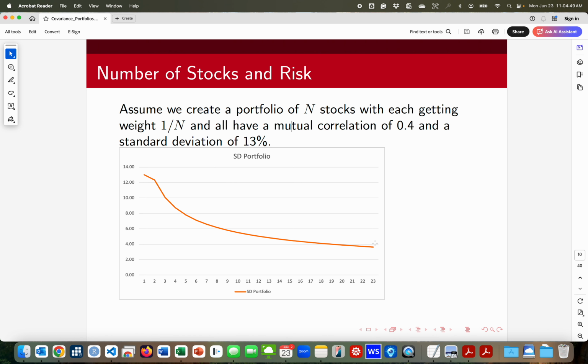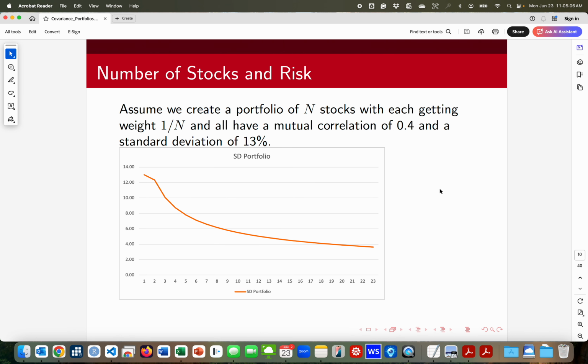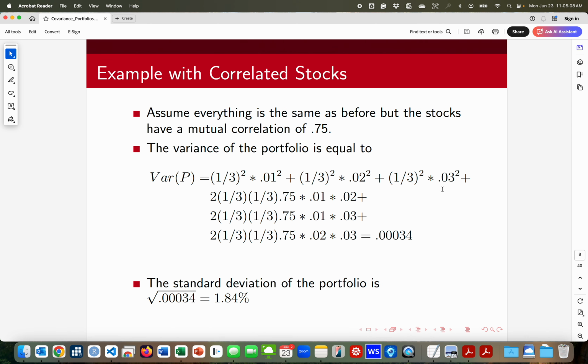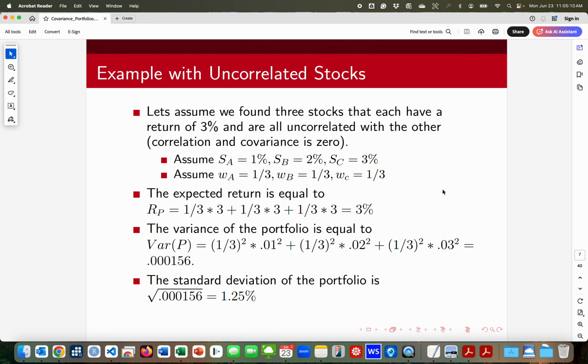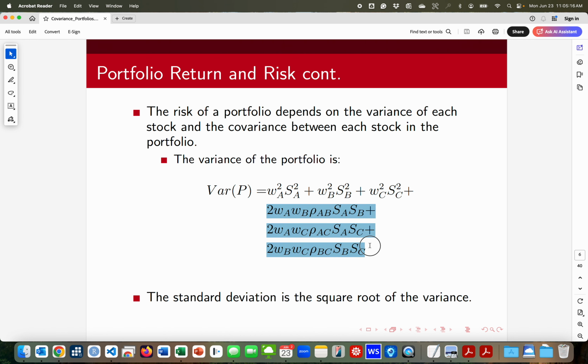So the size of the portfolio can also affect the variance of the portfolio, just like the correlation and covariance. Just like the correlation among the stocks in the portfolio can affect it as well. And that's it for this section. So the main thing we're taking away from this is this term right here, which is that the variance of a portfolio depends on the correlation among the components in the portfolio.